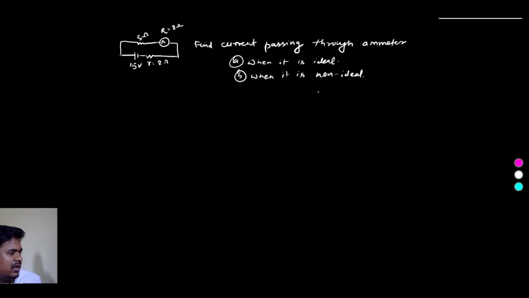So the first variant is ideal, the second variant is non-ideal. 8 ohm for the ammeter.